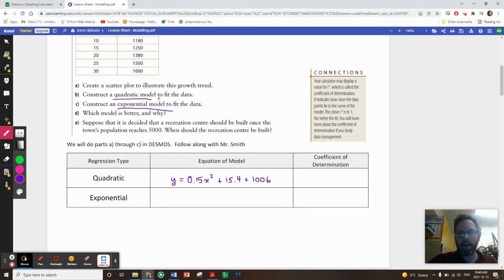It basically tells you how good your model fits the data. And r squared runs between 0 and 1. The closer you are to 1, the better your curve fits the data.